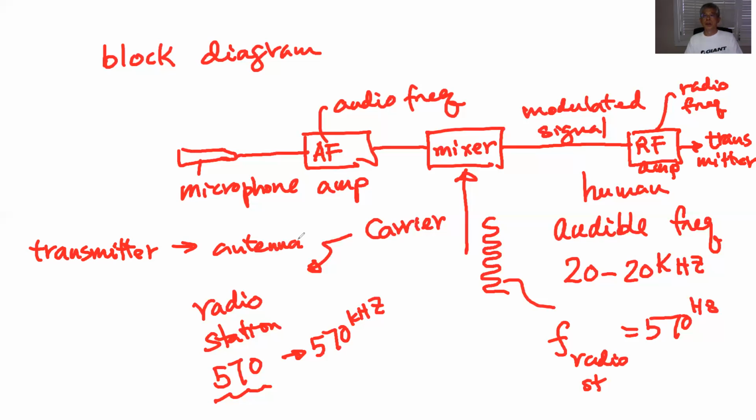The antenna then sends out your E field and your B field, and your radio signal will go out at the speed of light, 3 times 10 to the 8. So that's the block diagram of a transmitter.